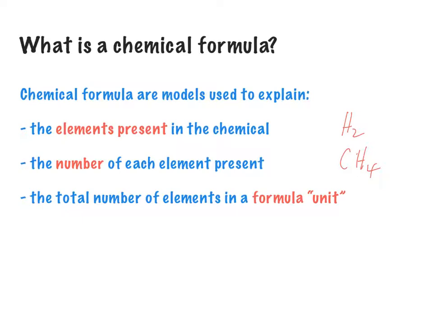And if we look at it, we see we've got a capital C, capital H. So a simplistic way of thinking about it is if we have more than one element, we'll have more than one capital letter present. So the number of capital letters effectively in your formula tells you how many different elements you have.